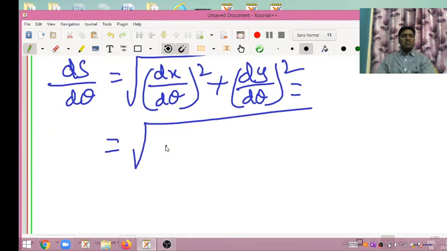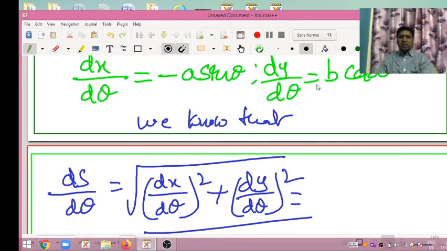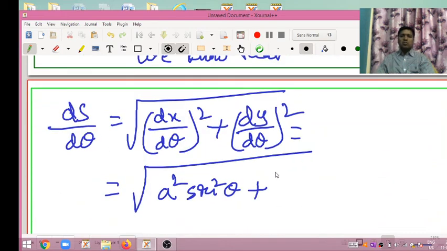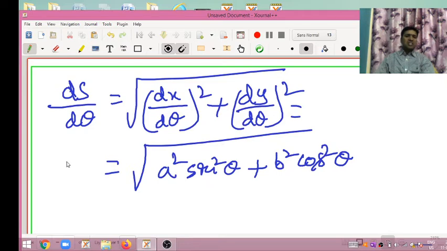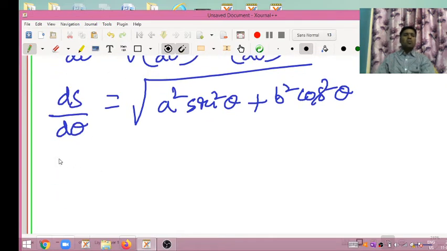So whole square means a square sin square theta, my dear friends, plus dy by d theta is b cos theta, whole square means b square cos square theta, my dear friends. Okay, this is the ds by d theta value. But what do you want, my dear friends? Only the ds value we want.